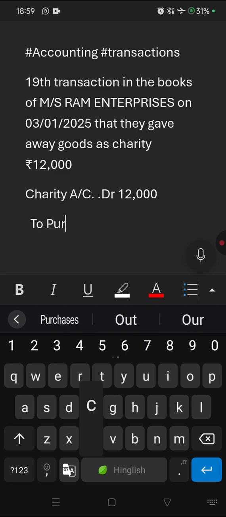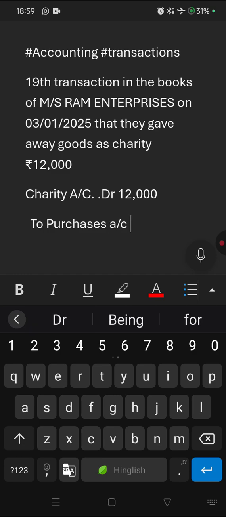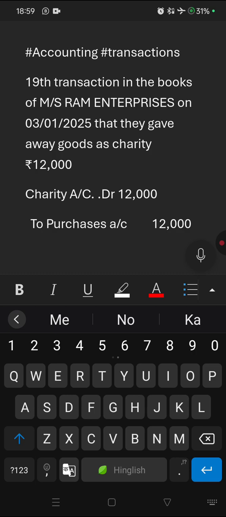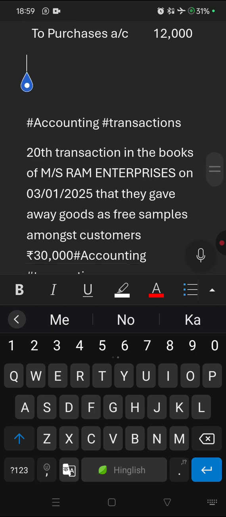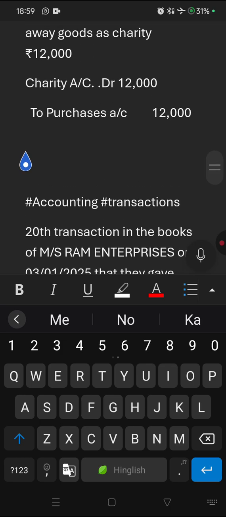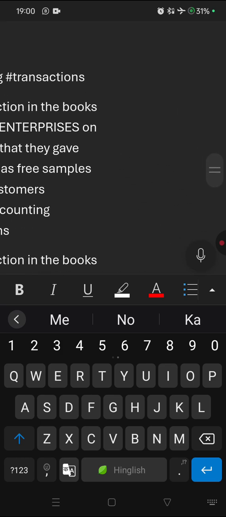Again, purchases account is decreasing because the goods are being taken away. So purchases account should be credited 12,000, and the narration will be: being goods given away as charity. This will be the narration. The 19th transaction we have discussed.